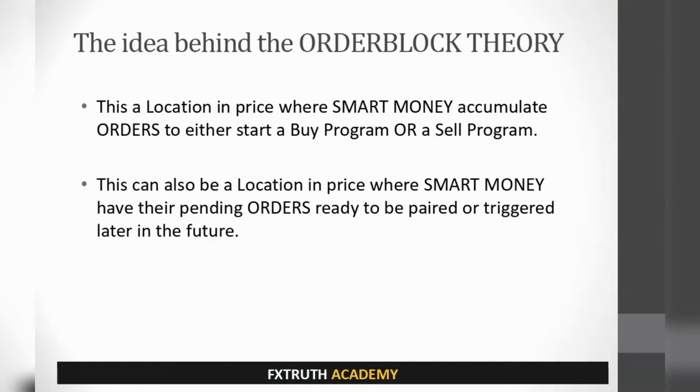That's the entirety of the concept behind the order block, because this smart money wants to bring the price back to that order block. Why? Because they have pending orders ready to be triggered at that location.